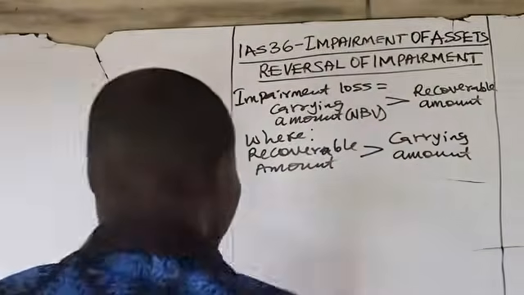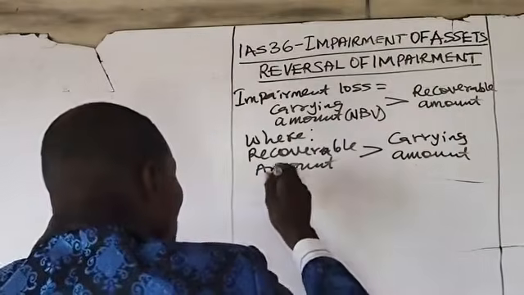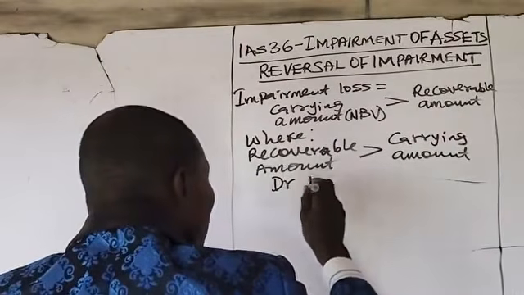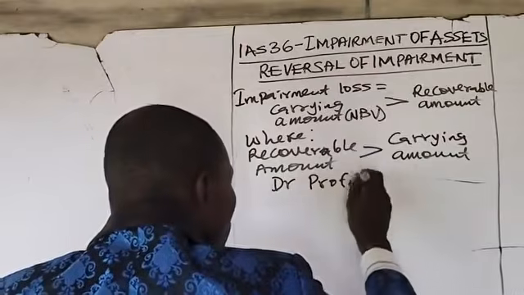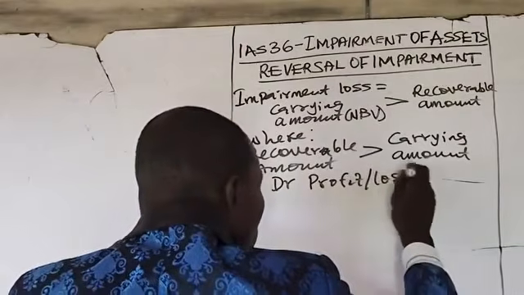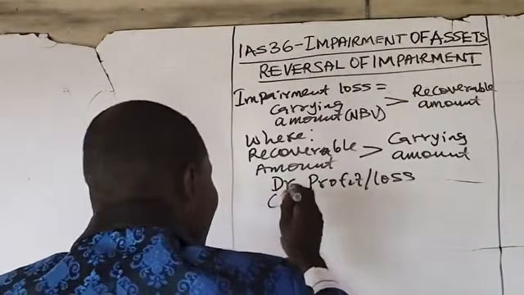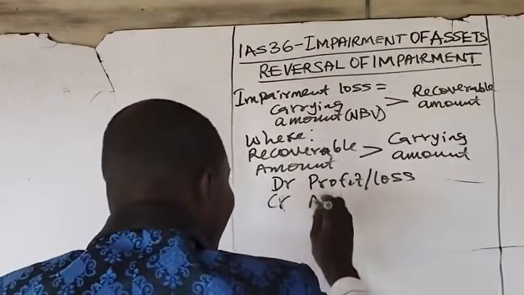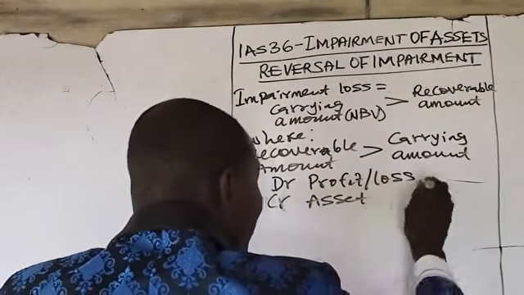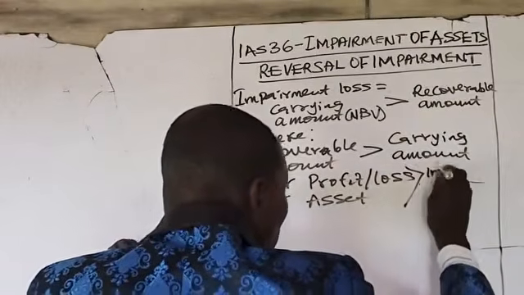Remember, where an asset is impaired, we said the double entry is to debit profit or loss and credit the asset account with the impairment loss.